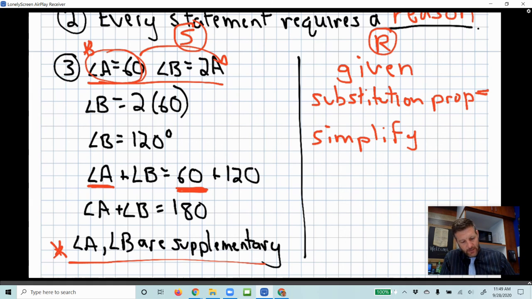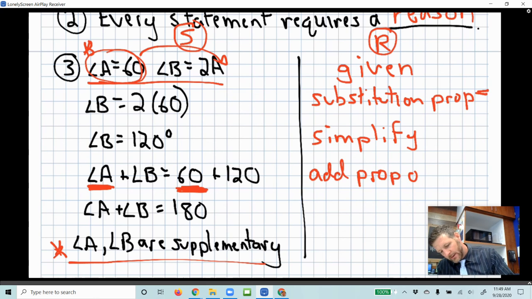So I can add A, which is 60, and I can add 60, which is the same as A, and I'm not really changing the equation. So this is the addition property of equality, because they are adding the same thing to both sides. A and 60 have already been established as being equal from the given at the top.